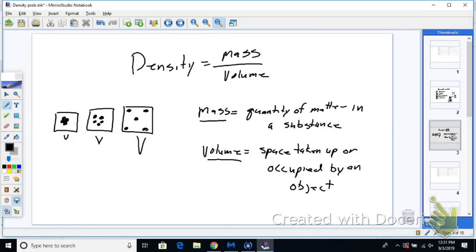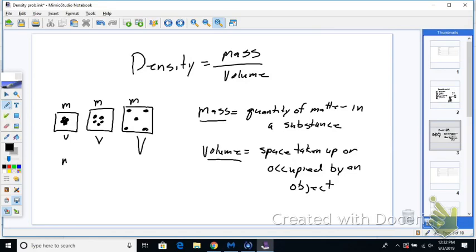Here it's in between. What's the mass of all these? They're the same. Those M's are the same size, which means their quantity and mass is the same. Well, look what's happened to the volume.